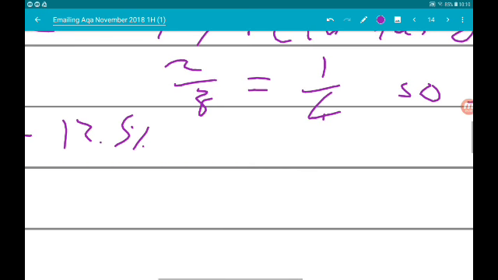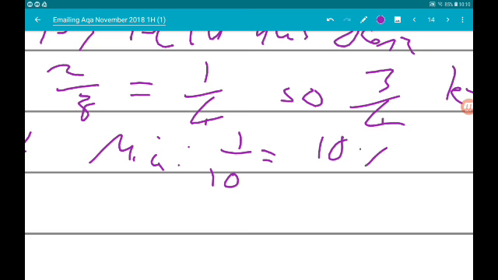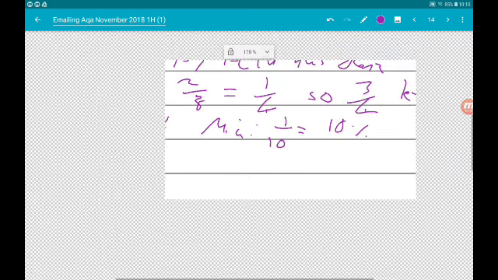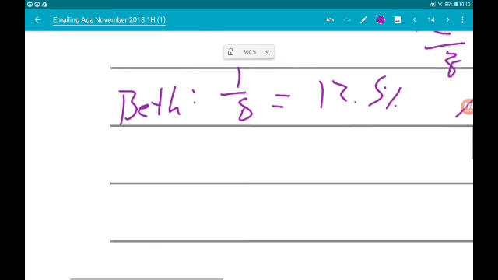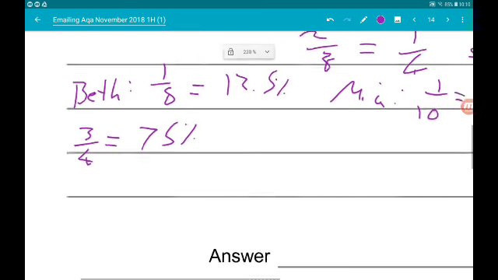For Mia, 1/10 is 10%. Now the 3/4 that they have left to do is 75%.